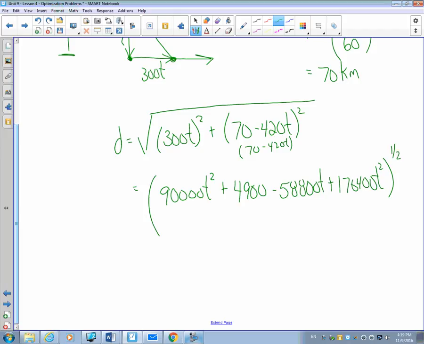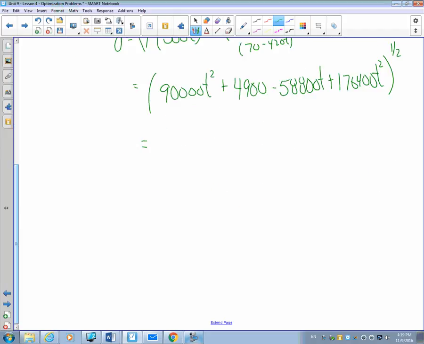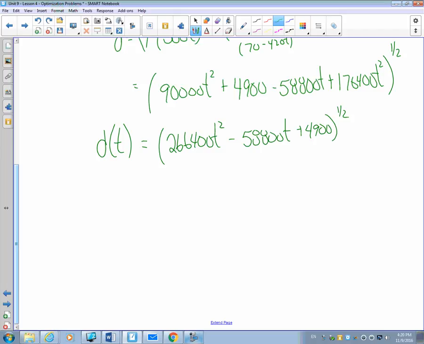And our exponent's a half now because I got rid of the root sign. If we collect that, we end up with 266,400t squared minus 58,800t plus 4,900 to the power of 1/2. There's our distance with respect to time.